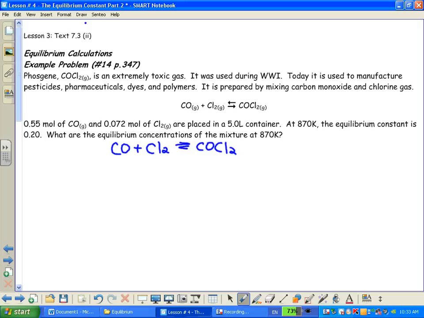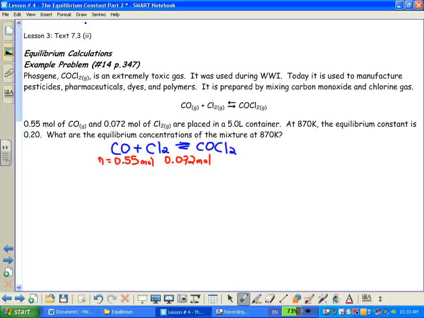Remember, you need a lot of space for this question, so try not to take up so much, or you might be writing on a separate piece of paper. So it says we have 0.55 moles of carbon monoxide, so I'm going to put n is equal to 0.55 moles. And of Cl2, I have 0.072 moles.